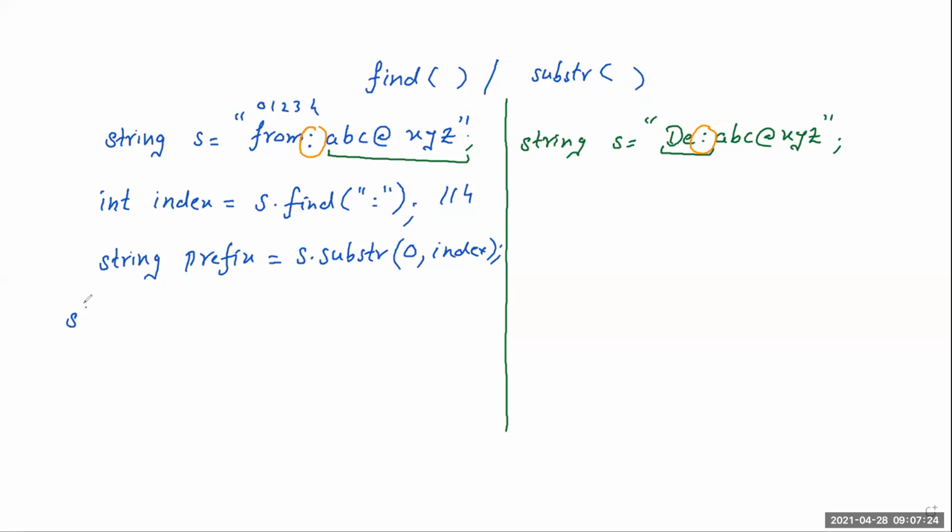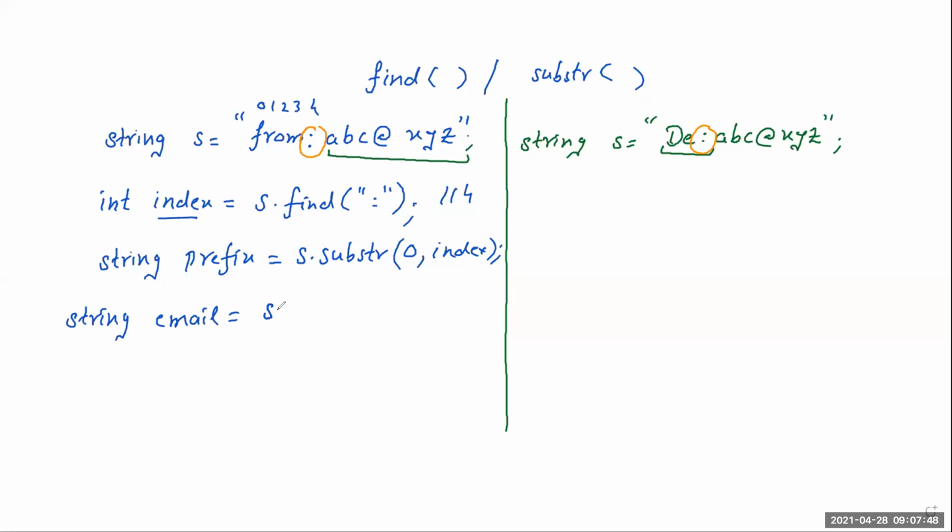Similarly, if you want the email address, what I have to do is, I know the position of colon, which is in this variable. So I will pick everything from the next position, because if I pick from 4, the colon will also be coming. I don't want this colon. I want to pick everything from 5 till the end of the string.